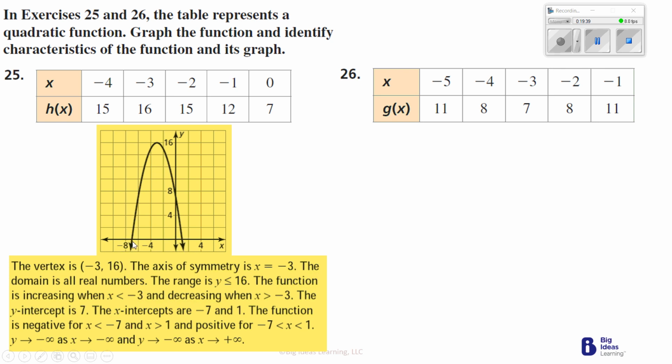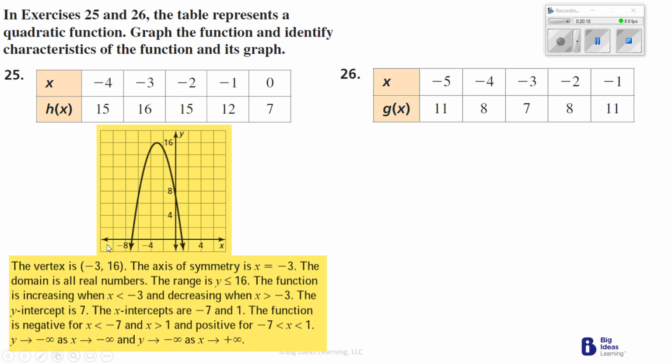But when x is greater than negative 7 and less than 1, then all my answers will be positive. I can say that my parabola is increasing for numbers when x is less than -3, but when it's greater than -3, then all my numbers would be decreasing. My parabola will be decreasing.